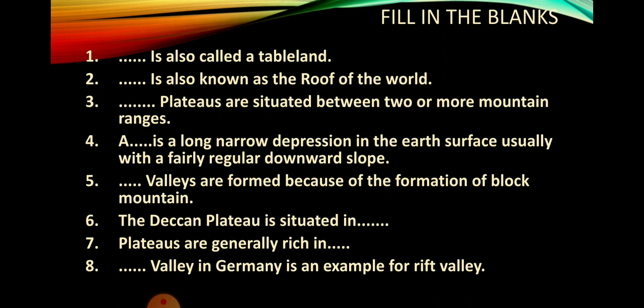Second question, dash is also known as the roof of the world. 3, dash plateaus are situated between 2 or more mountain ranges. 4, a dash is a long narrow depression in the earth's surface, usually with a fairly regular downward slope. 5, a dash valley is formed because of the formation of block mountains. 6, the Deccan Plateau is situated in dash. 7, plateaus are generally rich in dash. 8, dash valley in Germany is an example for Rift Valley. So these are the fill up questions, and I think you understood.